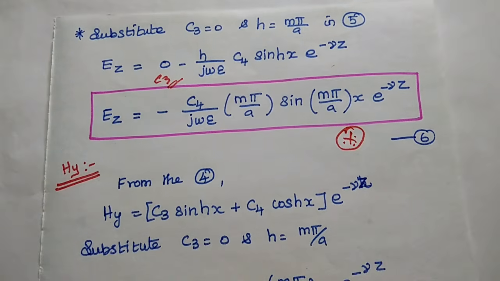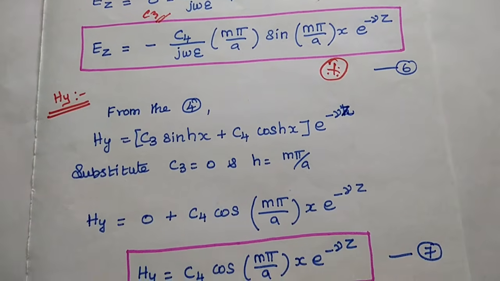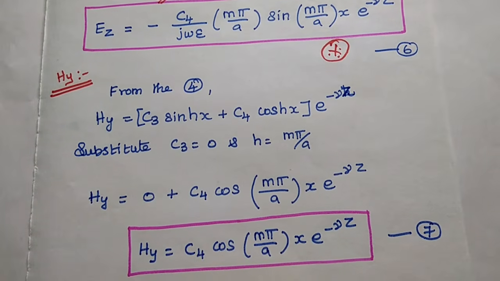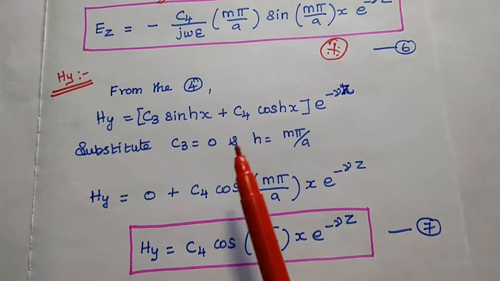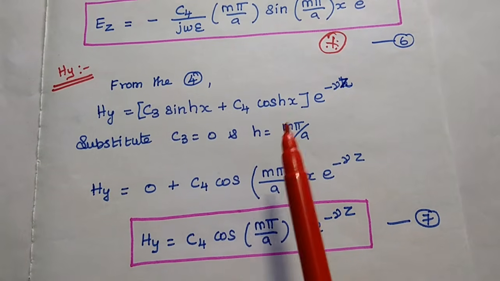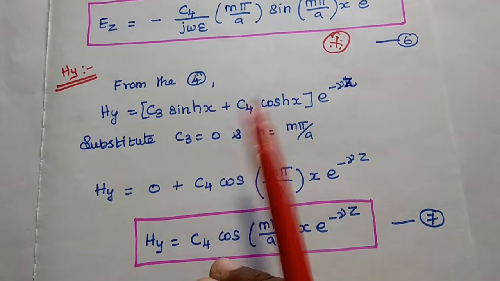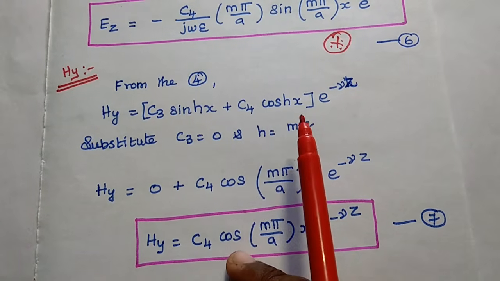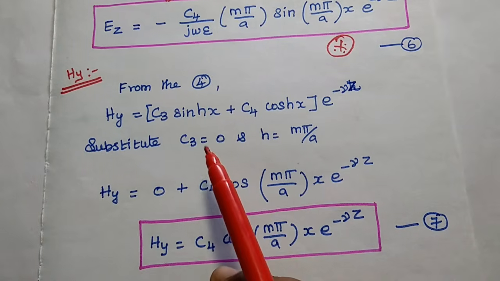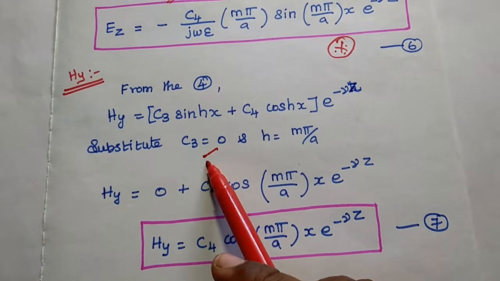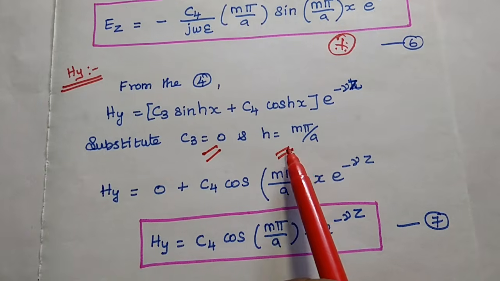Okay. So next we are going to find out the Hy value. For that we can consider the fourth equation. So what is the fourth equation? That is the general solution of the second order equation. So Hy is equal to C3 sinh(hx) plus C4 cosh(hx), e power minus gamma z. In this one we are going to substitute C3 is equal to 0 and h is equal to m by a.